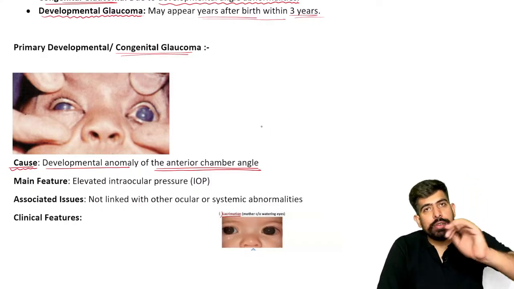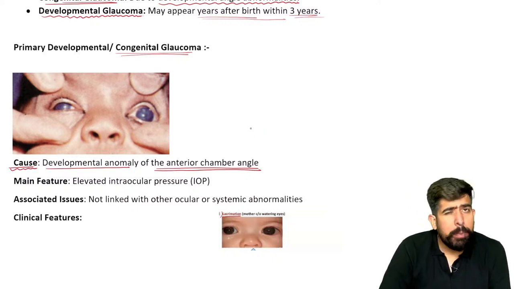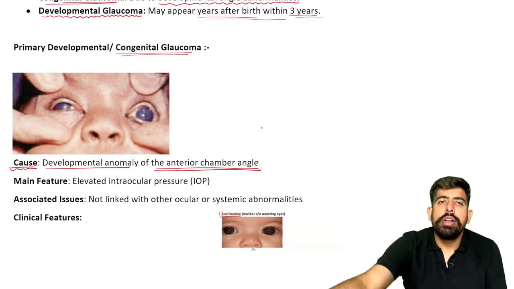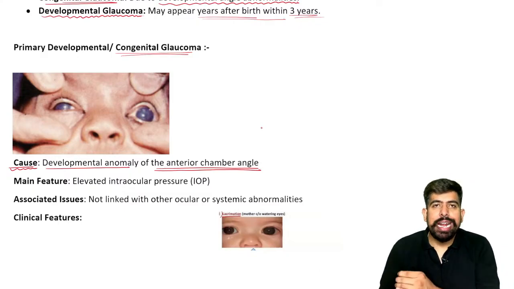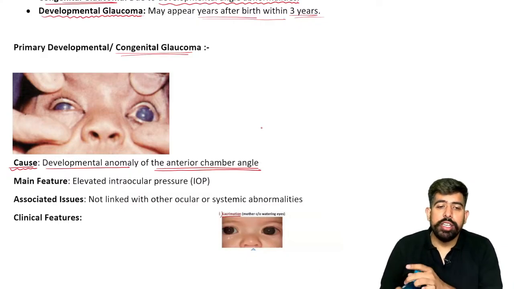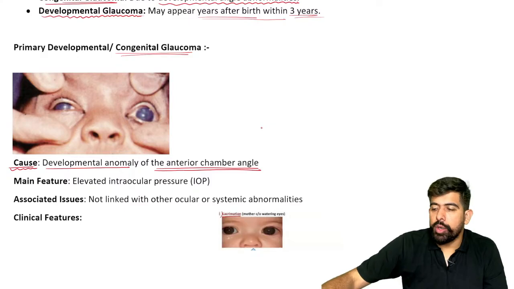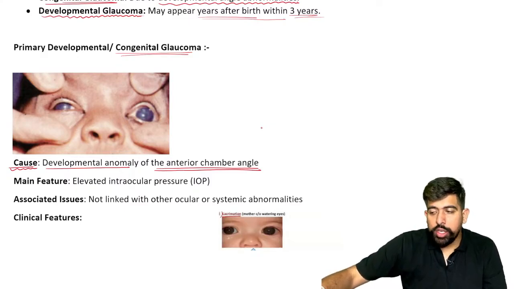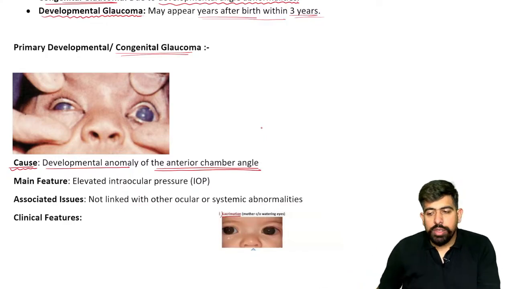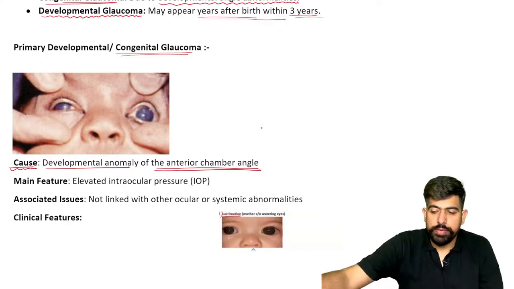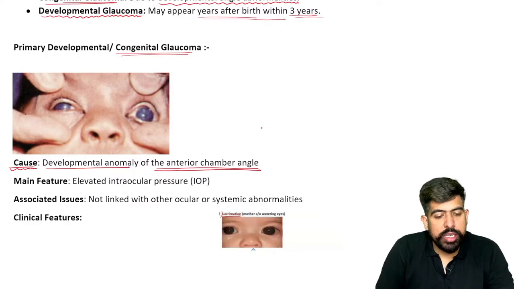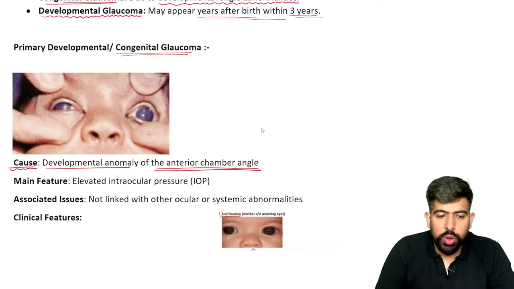When we talked about the aqueous humor in the start of part 1, we talked about the angle of anterior chamber, because from the angle of anterior chamber only, the aqueous humor is drained. And this aqueous humor is maintaining the intraocular pressure.